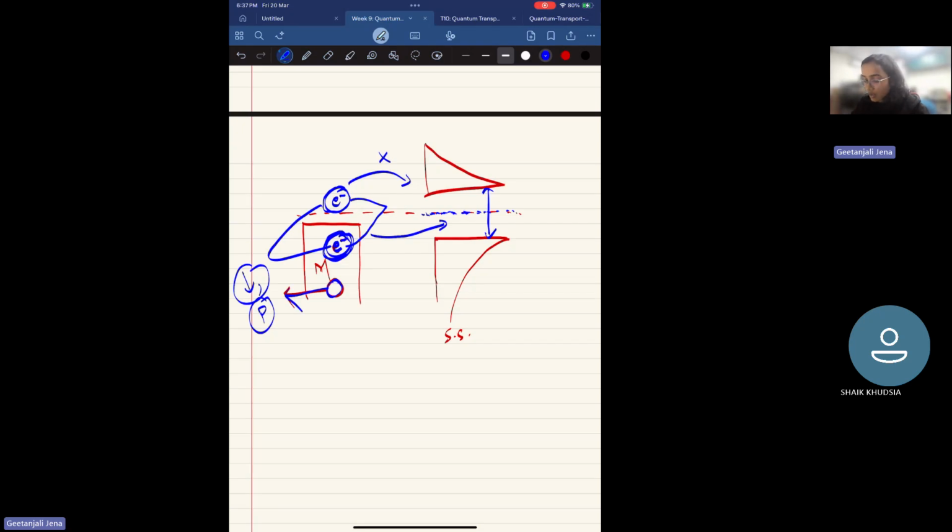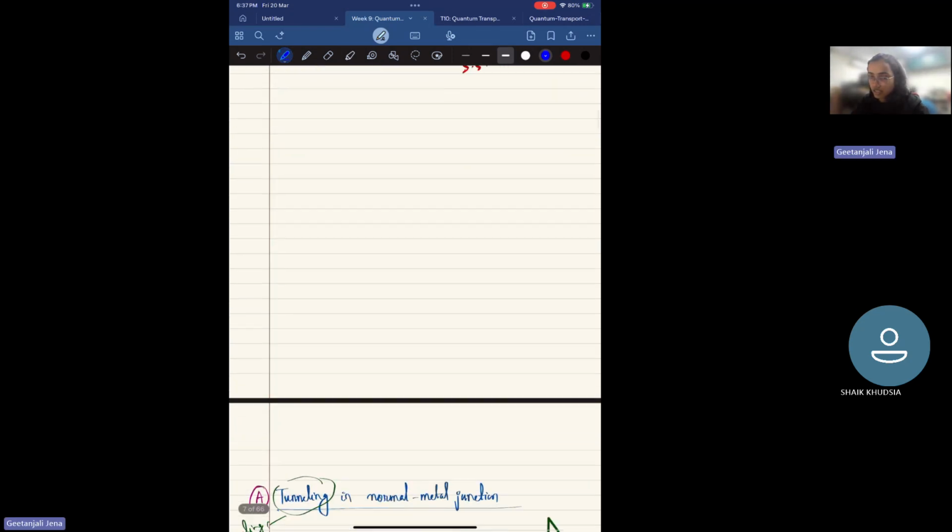Okay, so this is all about the Andreev reflection. Let me know whether this concept is clear. After that, we'll move to the high bias condition. Up to now, is the concept clear?